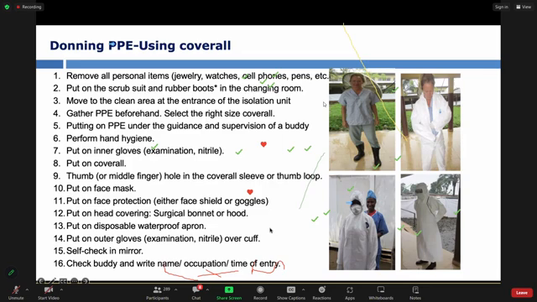Then thereafter, you put on the waterproof apron. If not available, you can use a heavy duty one, which can be reusable, but this must be decontaminated appropriately. Then thereafter, you put on the second pair of gloves, preferably surgical gloves. Why surgical? Because they are a little bit long.